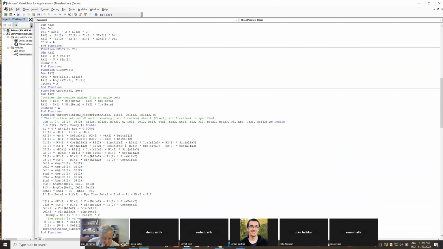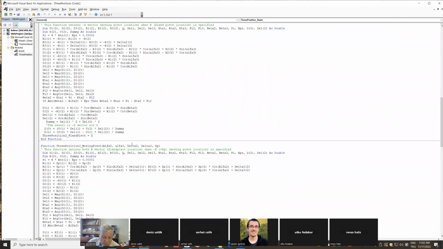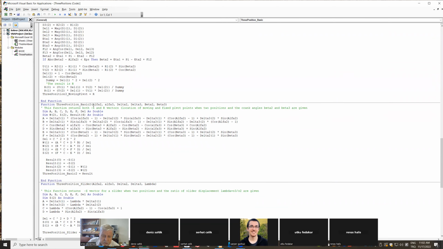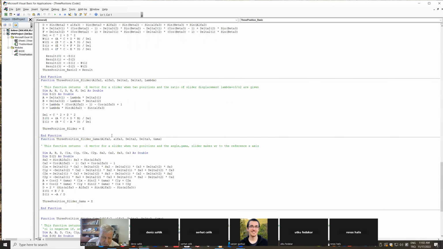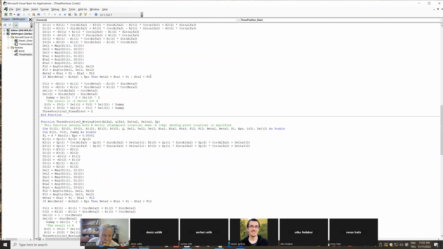You can check what those perform. 3 position, 2 fixed pivot returns the minus z vector. 3 position moving pivot, zp is given, returns the r vector. 3 position basic 2 returns minus z and r vector. 3 position slider, I'll discuss them later. Okay. These are the functions.